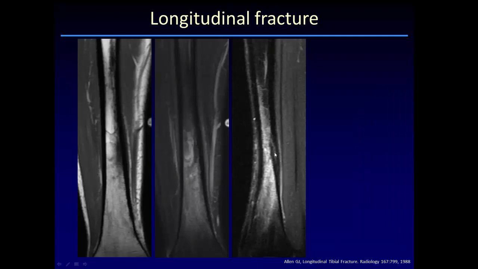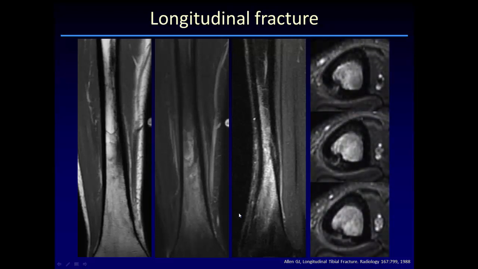Here's the MR showing that intracortical fracture, intense edema along the shaft of the tibia, and on the axial images is where that fracture line becomes apparent. It doesn't really break across the medullary bone, it's intracortical.